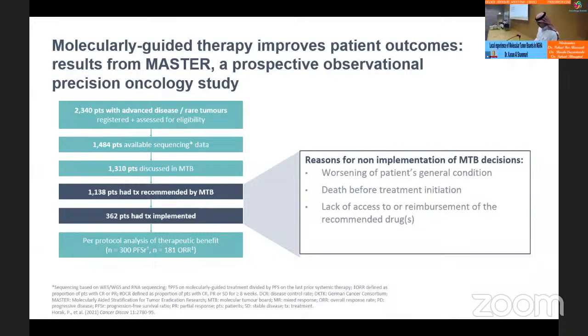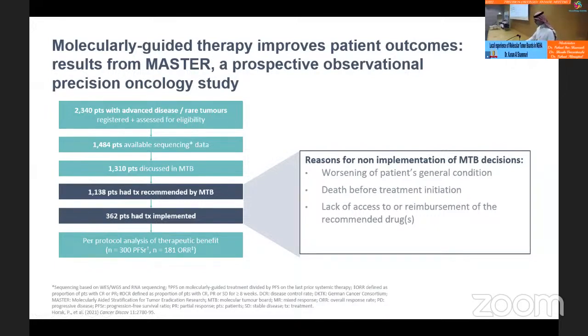Interestingly, I suspect that these 1,200 or 1,100 patients probably equate to 80% had therapy recommended by this MTB. And I'm not sure, 40 out of 1,200, probably 1 out of 4 patients had therapy given.